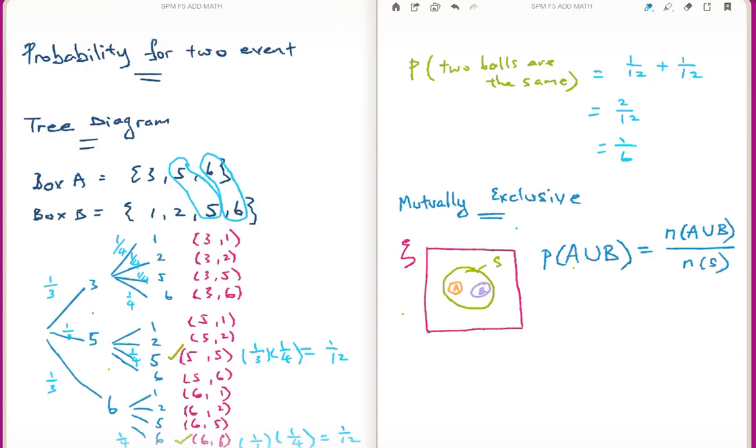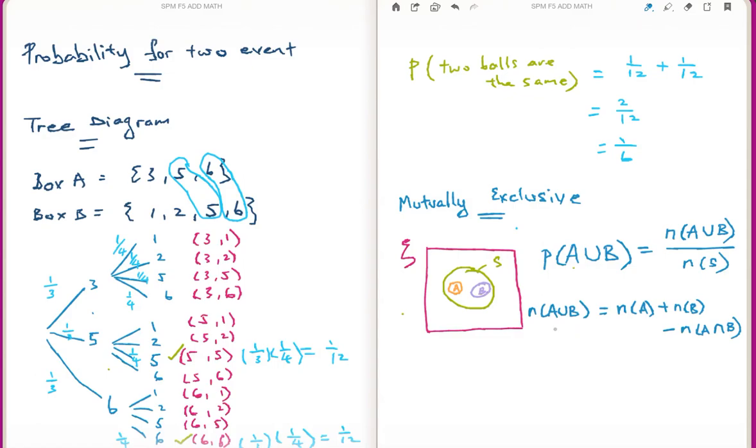Okay, and to represent it mathematically, the number of A union B, A or B, is actually the number of A plus the number of B, and remember to subtract the number of A and B, because in some cases A and B might be overlapping.